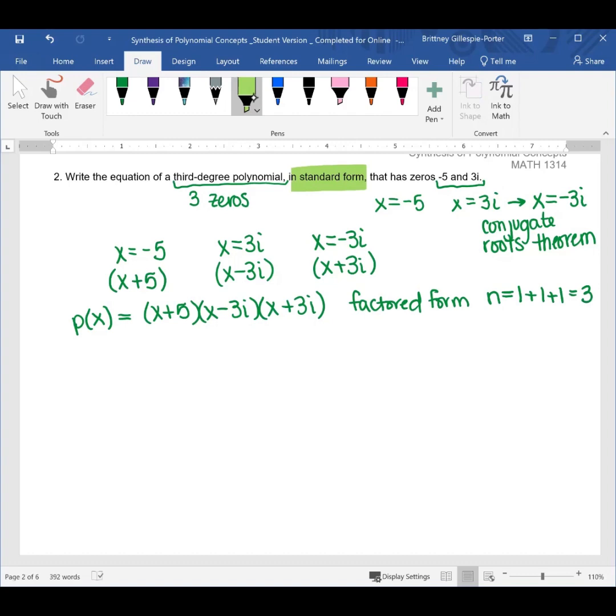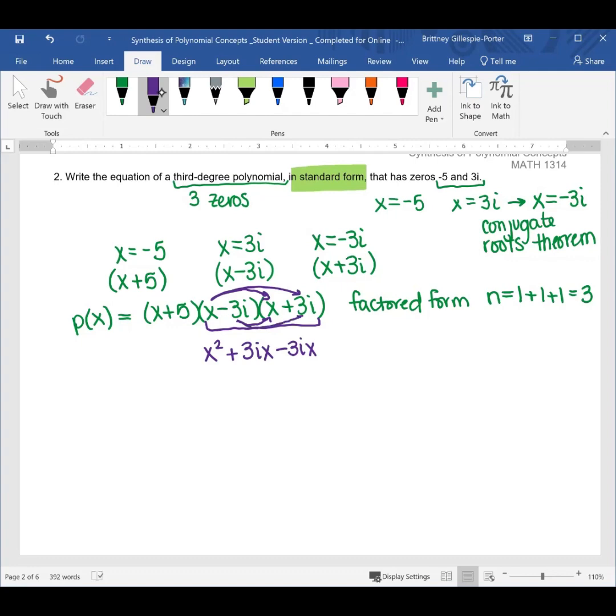When you have the imaginaries, the i's, the complex numbers, you're going to start by multiplying these guys first. And we're going to FOIL it out. So x times x gets us x squared. X times positive 3i gets us plus 3ix. Negative 3i times x gets us negative 3ix.